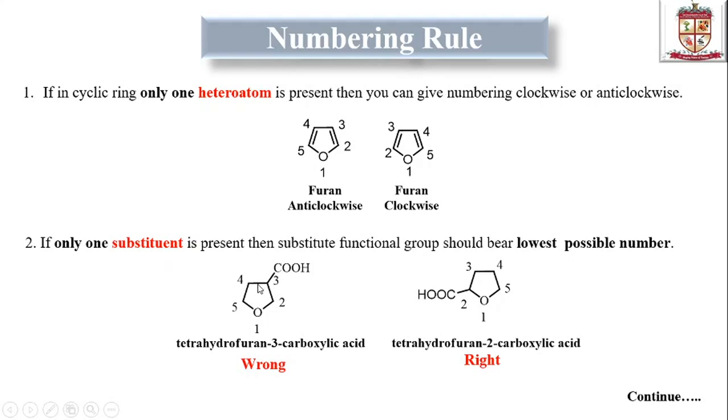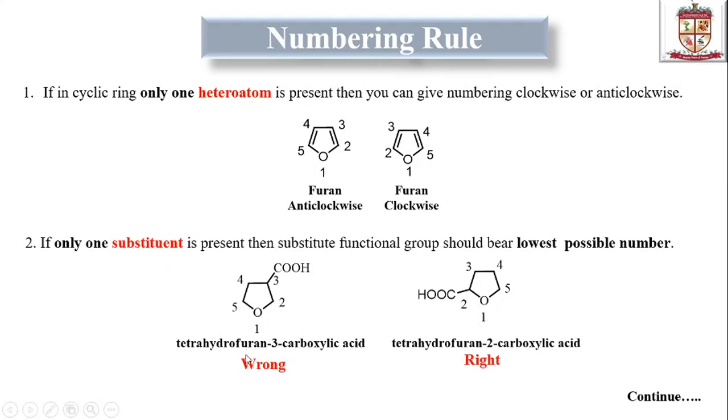In that case, the heteroatom is also a single heteroatom, but here a substitution, that means one functional group, is present and this functional group is attached in the cycle. That means it is attached to that carbon which contains the lowest possible number.